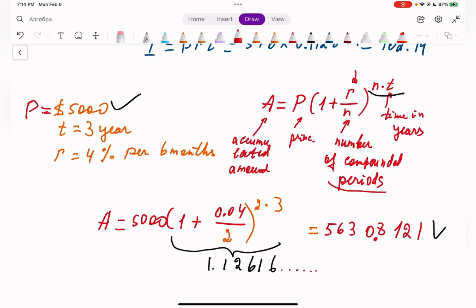So multiplying all these decimals by 5,000, I got 5,630.81.